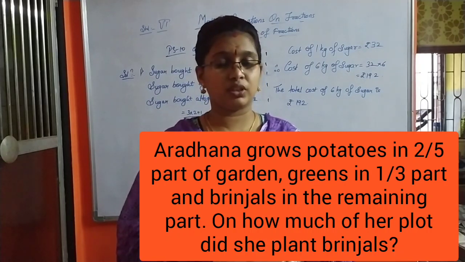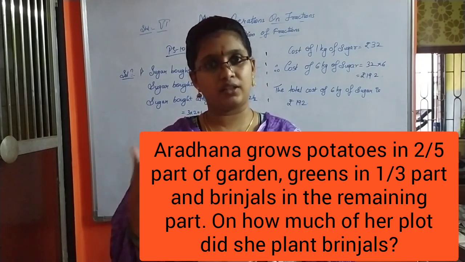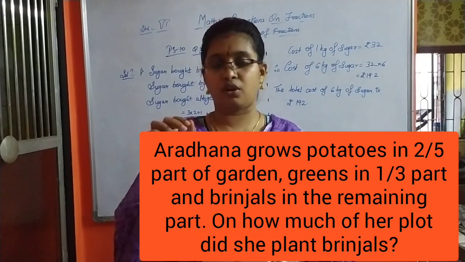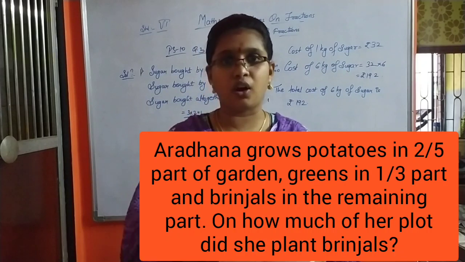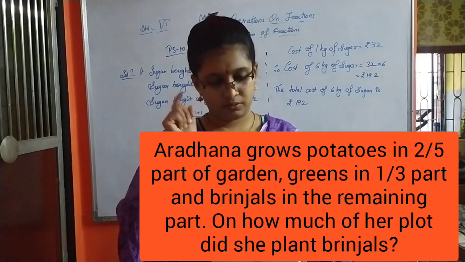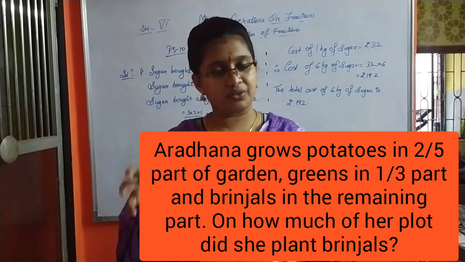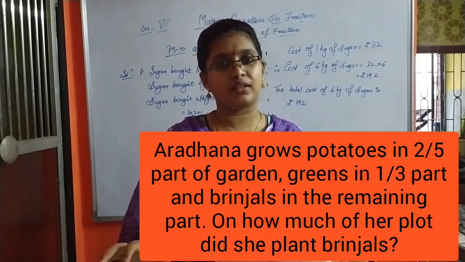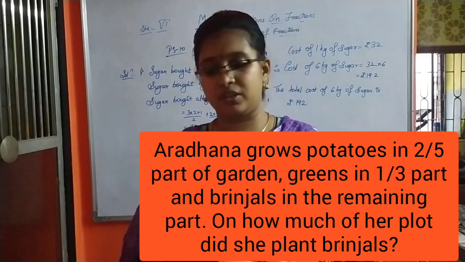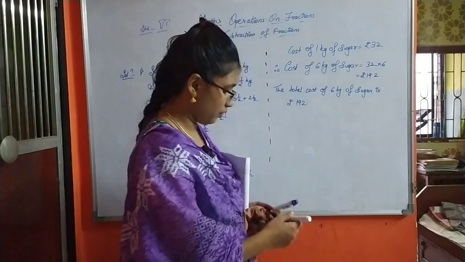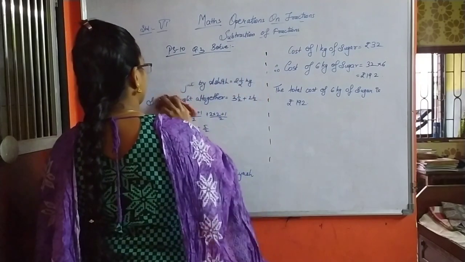So what we have to do, we don't know how big the garden is, we don't know how much area she took to plant brinjals, we only know how much she took for potatoes and greens. So suppose it is one plot, we are going to add the area grown for potatoes and the area grown for greens. After adding, whatever fraction we get, we will subtract it from 1, so that we get the total area planted for brinjals. Before that, let us find the total area of potatoes and greens.